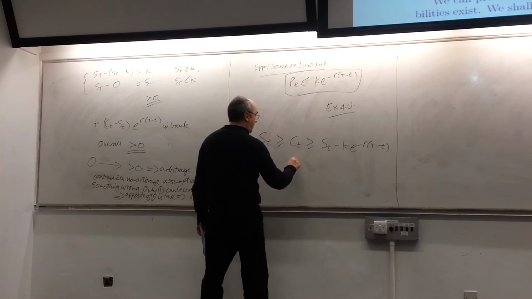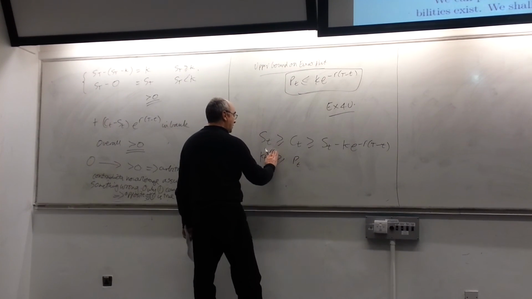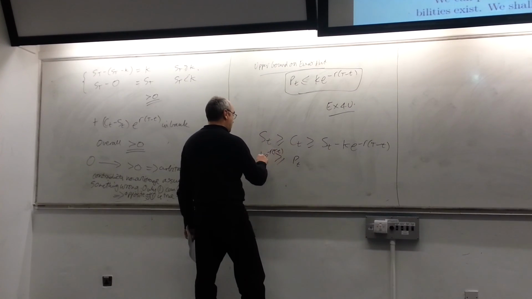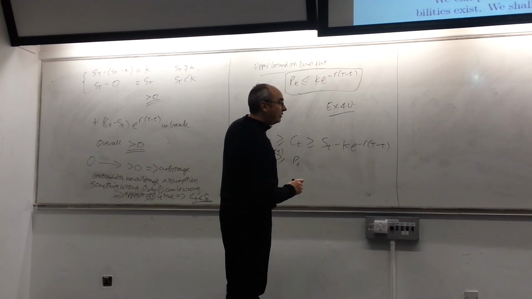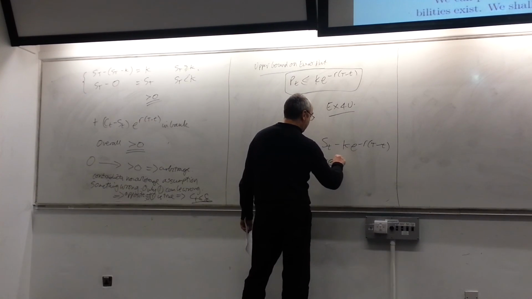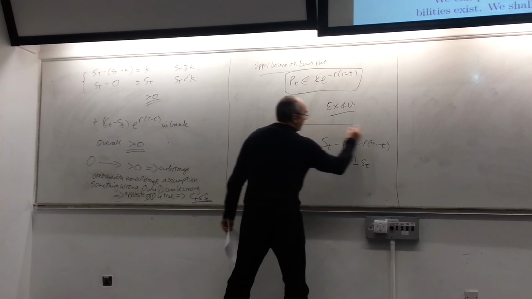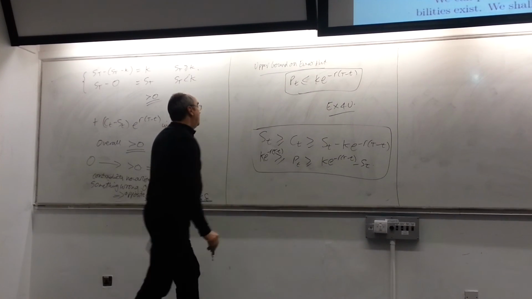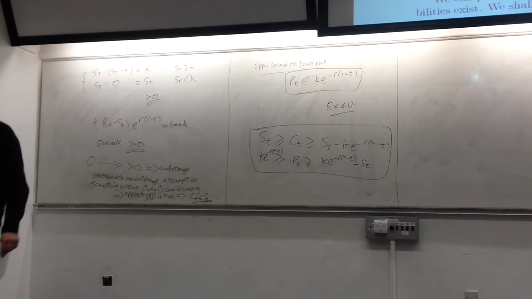We've got PT less than K e to the minus r(T minus t). That's the upper bound on that one. What was the lower bound? So those are the bounds that we've got so far. We've got upper bounds and lower bounds on the European call and the European put options.